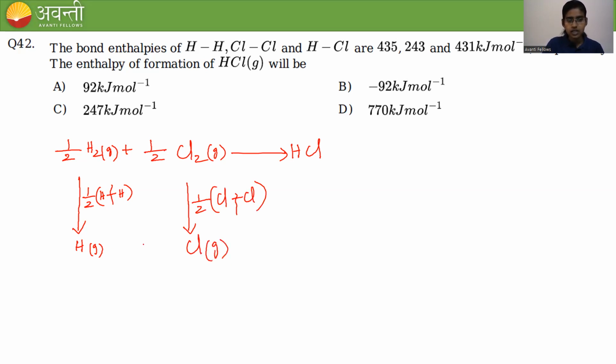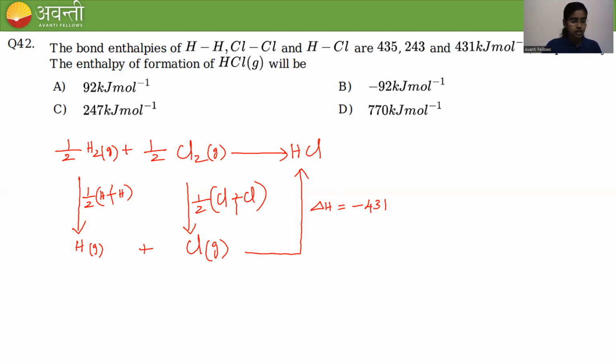Now this hydrogen and Cl react with each other to form HCl. Here the bond is formed between the two atoms, so it is a bond formation process. So the delta H value will be negative, that is minus 431. Okay, so that is minus 431 we can take.